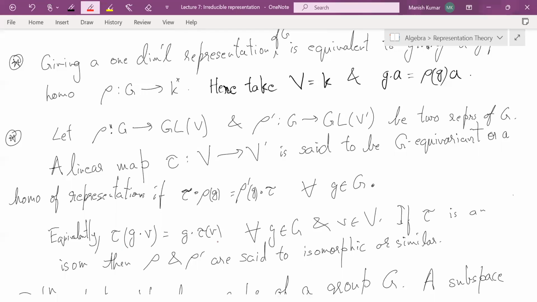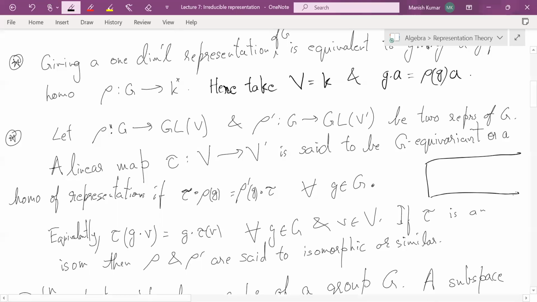And if tau is an isomorphism, then rho and rho prime are said to be isomorphic representations, or sometimes also similar representations. Similar because if you think in terms of matrices, then it leads to similar matrices. So for instance, if you fix a basis of V and V prime, then tau will be given by a non-singular matrix.